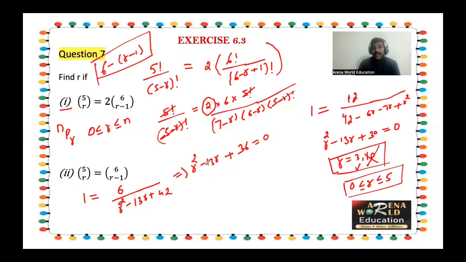So you can break this minus 13 as minus 4 minus 9. So finally you will get r equal to 4 and 9.